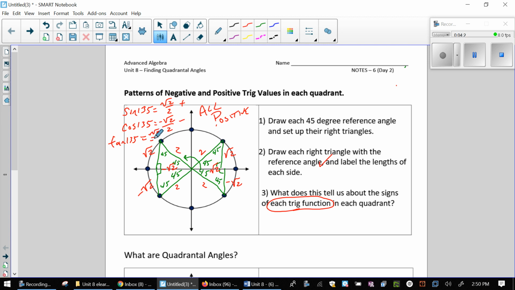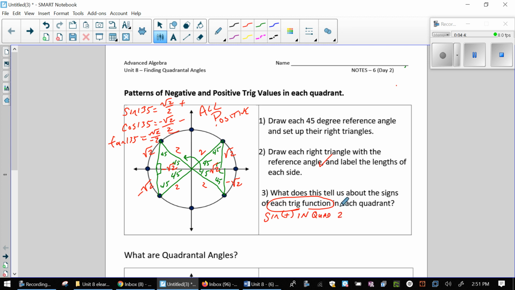And that gives us, again, a negative tangent. So that means in quadrant 2, okay, the only one that is positive, sine positive in quadrant 2.